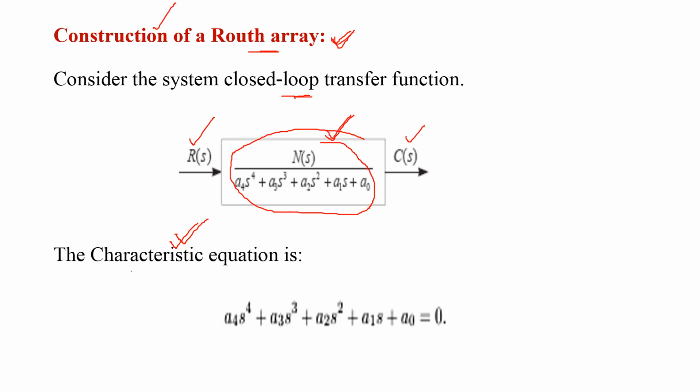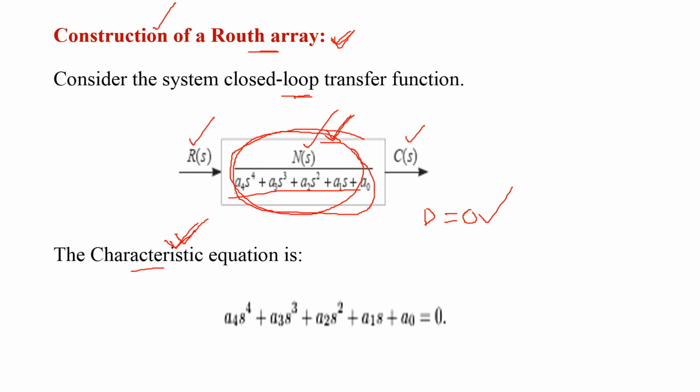Here the characteristic equation is obtained by equating the denominator of a transfer function to 0. That equation is nothing but the characteristic equation. Here this is the transfer function. In this, N of s is the numerator and this whole thing is the denominator.